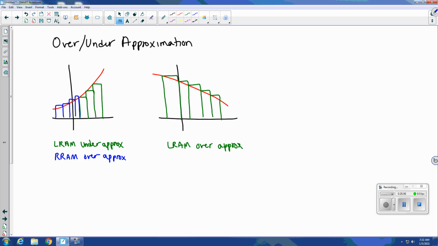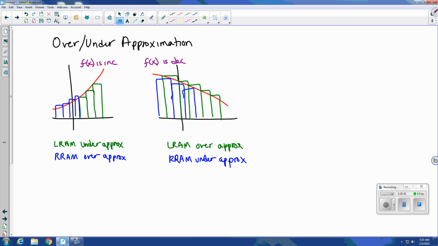RRAM on a decreasing function, we see an under approximation. This is when f of x is increasing, f of x is decreasing.